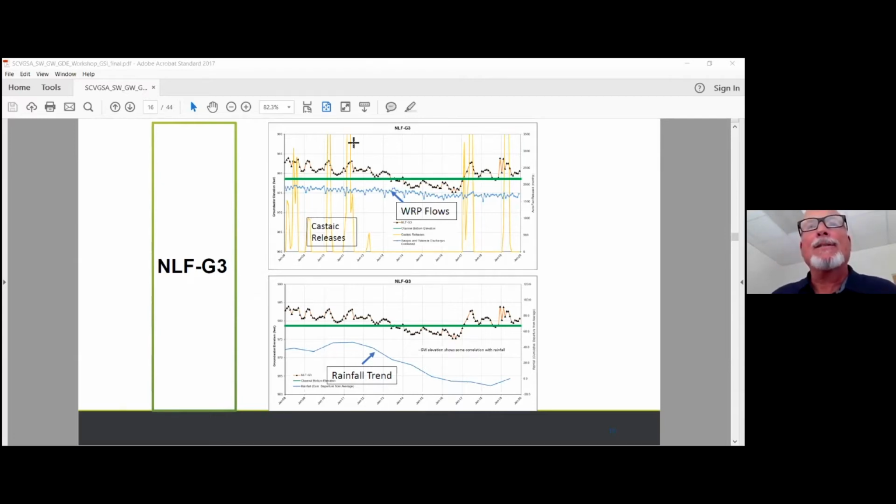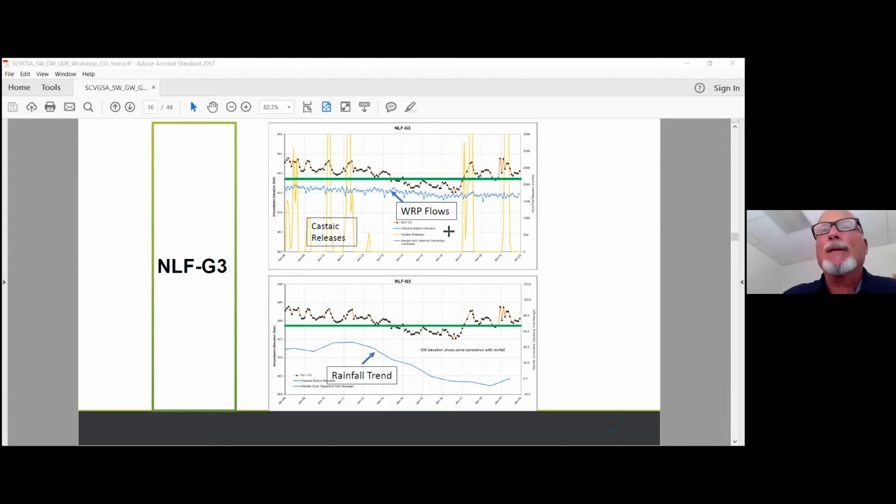The yellow lines that you see here, these are periods when there were releases from the Castaic Reservoir. And there is a fair match on a number of these high points where there were releases and the water levels came up. In between, the water levels dropped and then releases. And then there's this long period basically between 2012 and 2017 where there were no releases, and the water level in this well continually dropped.